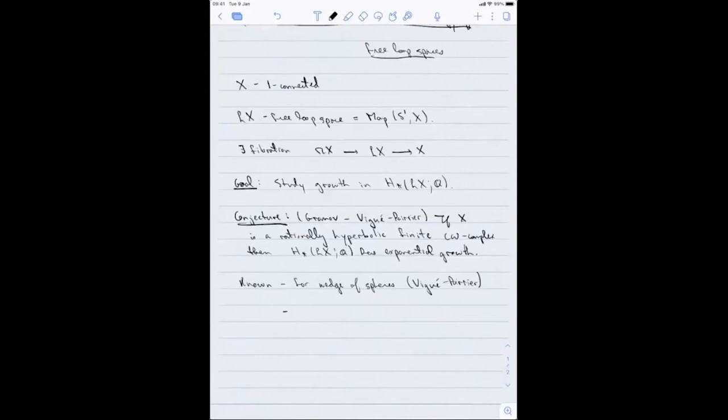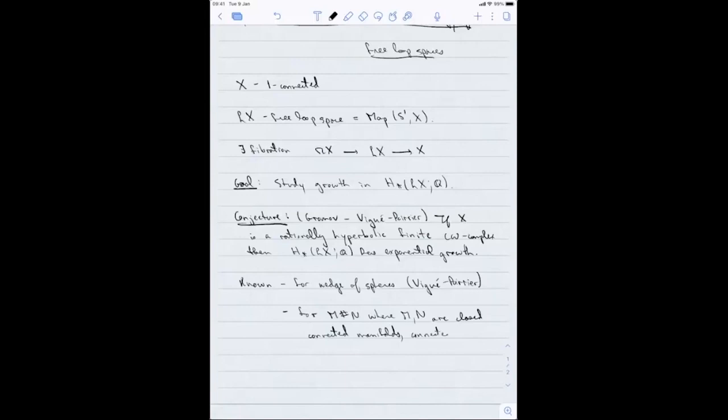It's known for certain connected sums of manifolds, where M and N are closed connected manifolds, and the connected sum is non-trivial.